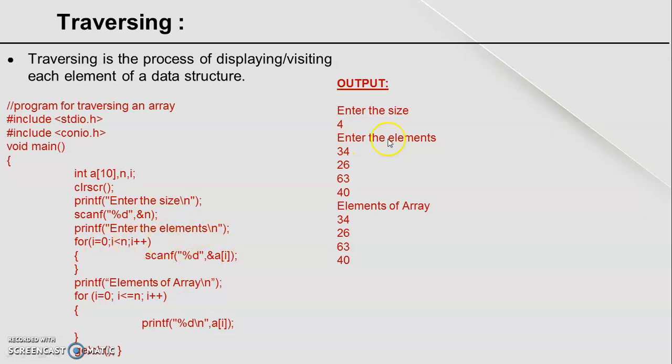We are entering n inputs: 34, 26, 63, 40. Now once the input is over, we are displaying the elements of the array. So we get the message "elements of array", and using a for loop I am printing my array. So this is an example of displaying each element of an array, or traversing an array.